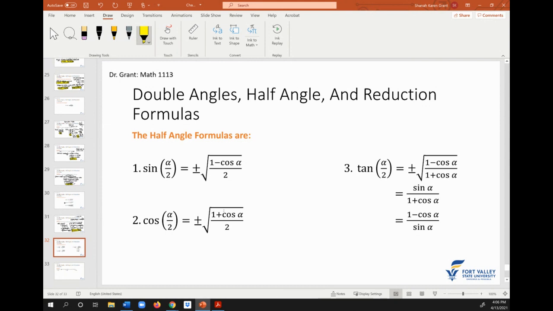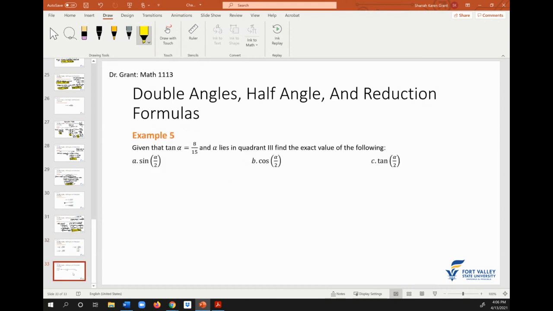Okay, so let's look at some examples that we would use for your half angle formula. Let's say we're given that tan of alpha is equal to 8 divided by 15, and alpha lies in quadrant 3. So again, I'll draw my triangle.